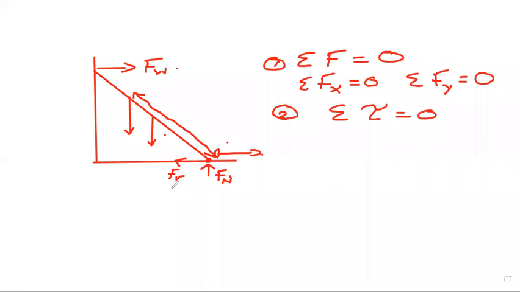Okay, so we can try to proceed. So we'll have torques caused by this weight here, the weight of a ladder. We have been given that it is 200 newtons.